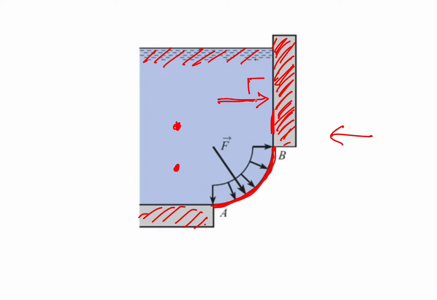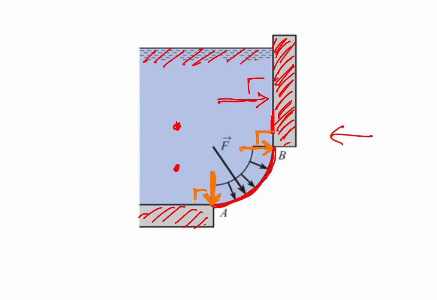However, to draw an arrow showing the force that acts on the curved surface, you need to draw like this at this point, because this is the perpendicular direction. So the force that acts on this point, we could draw like this one, because it must be perpendicular to the surface.